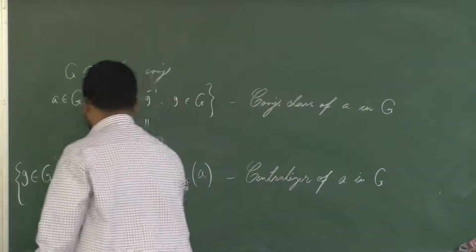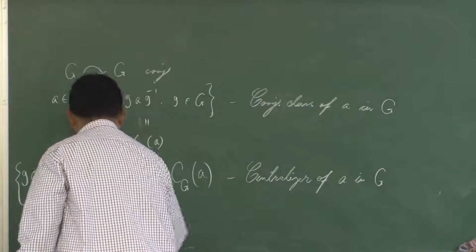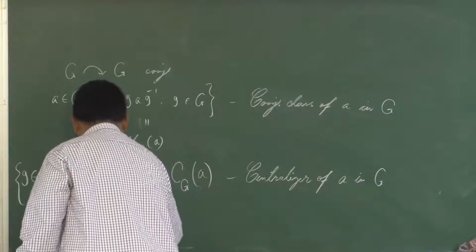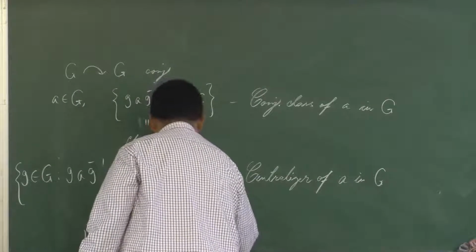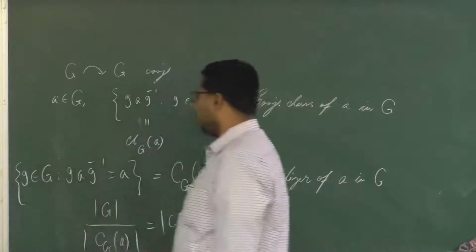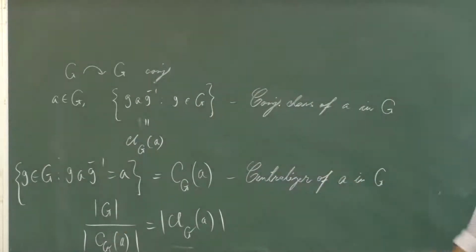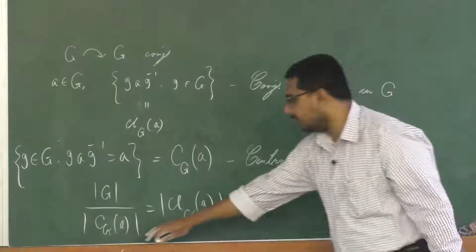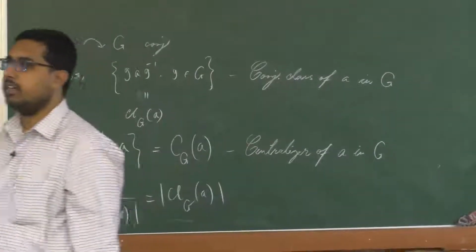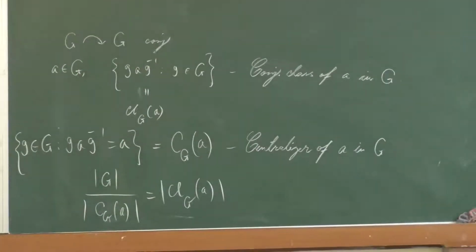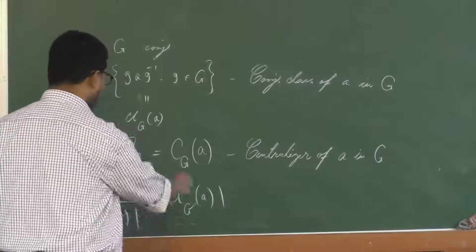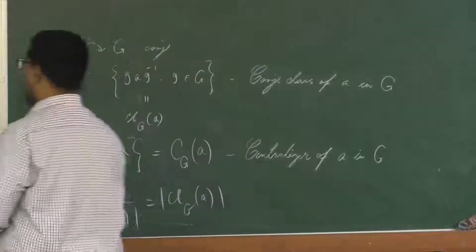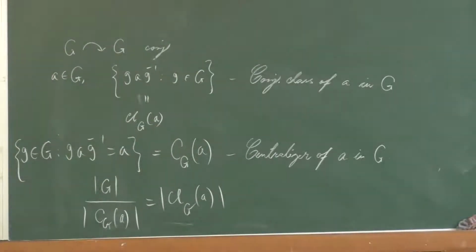When G is finite, it's quite clear from the orbit stabilizer theorem that the size of the conjugacy class is nothing but the index of the centralizer. So in view of this, you can write down the class equation for this action.